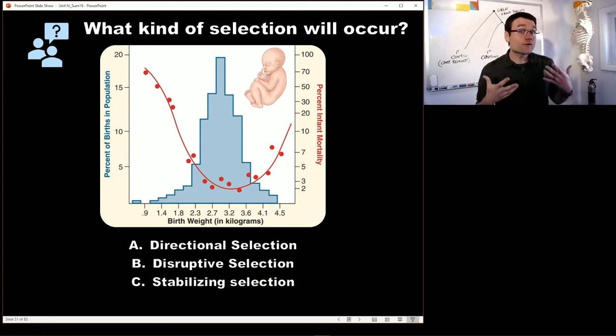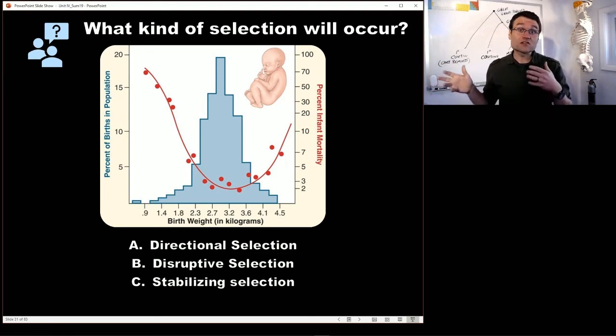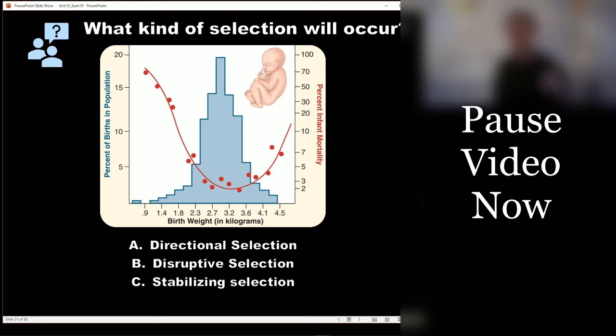If we ignore factors like increased development of medical technology, if this process were to continue generation by generation, low weight babies being dangerous, high weight babies being dangerous, but middle weight babies being optimal, what kind of natural selection would you expect to see? A, directional selection, B, disruptive selection, or C, stabilizing selection? Think about it, make your decision, and I'll be back with the answer.